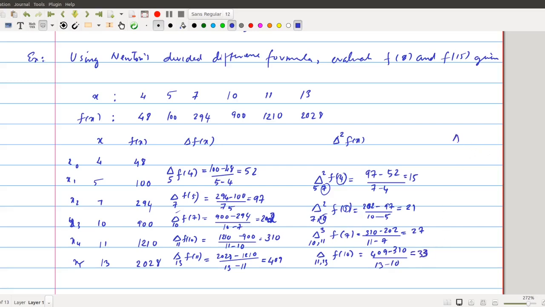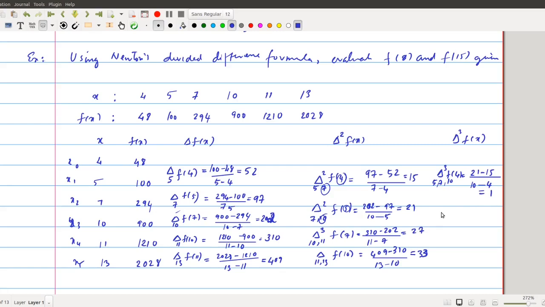Now you evaluate the final order divided difference, that is delta cube of f of x, denoted by the symbol delta cube 5 7 10 of f of 4. The denominator is the difference between 10 and 4, 10 minus 4, and the numerator is 21 minus 15, which is equal to 1.